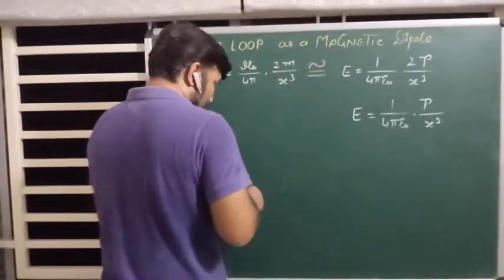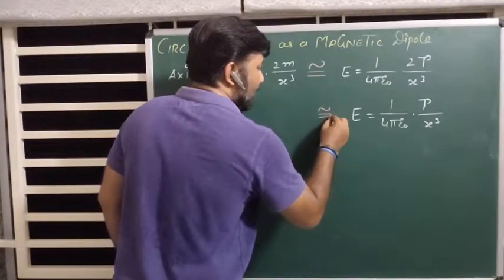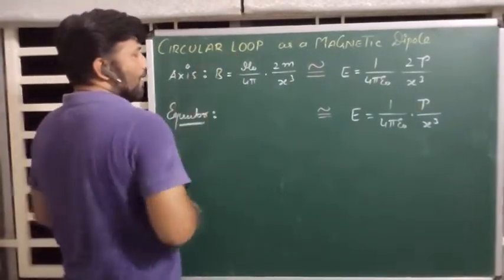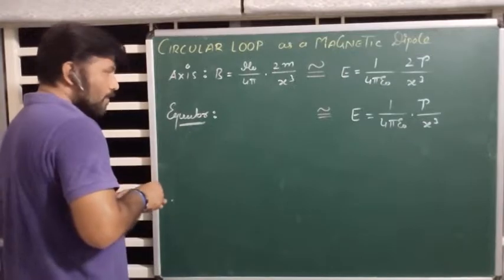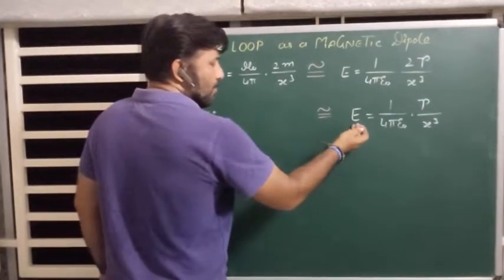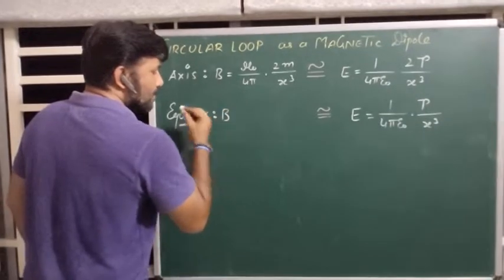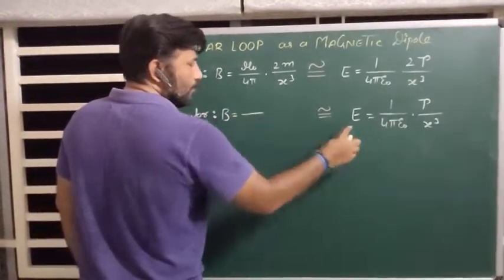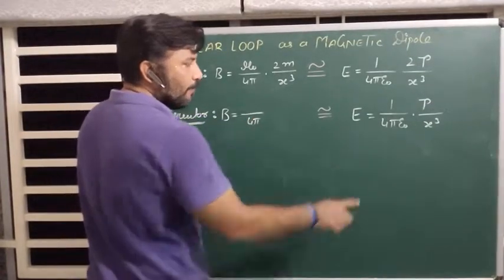From this, if you want to write the equation of magnetic field for a circular loop carrying electric current on equator, then the equation becomes, instead of E, B is equal to 4 pi as it is.